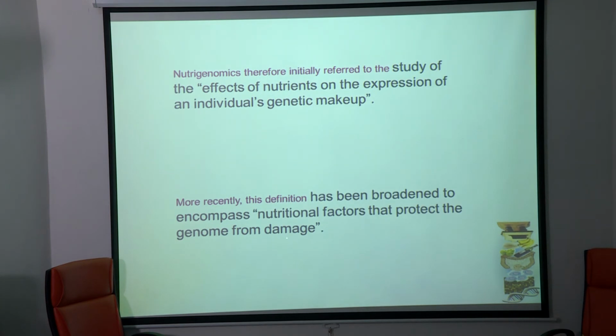We have already seen that they are damaging the genome of an individual. So what are the factors which we can include which will protect them? So this definition of the interaction between nutrient and the genes has now broadened, including the nutritional factors which will help us in protecting our genome from damage.